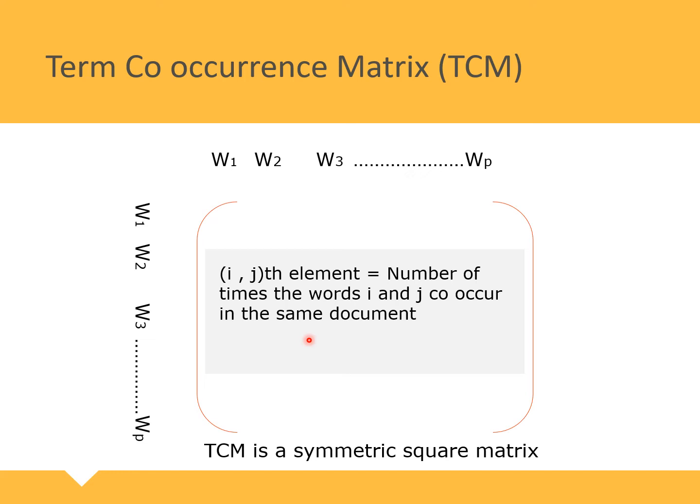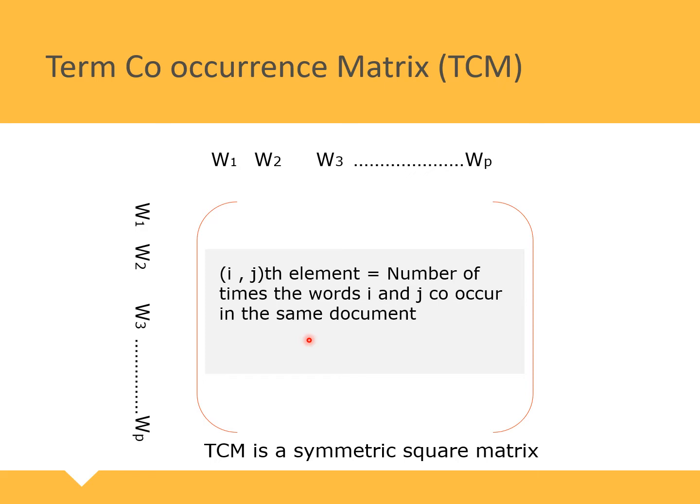Independently, the words I and J may occur across a different number of documents depending on whichever data you are handling. But the term co-occurrence matrix looks at the number of times the words I and J have occurred together in the same document. That is what the representation of Wij is.